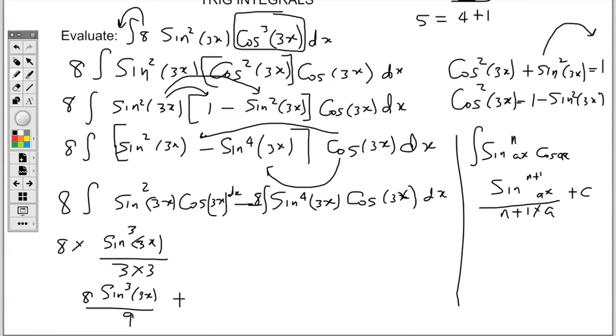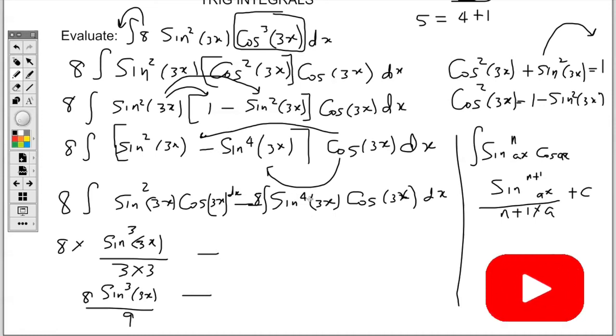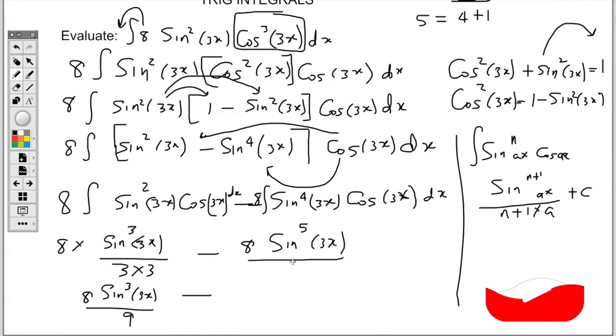Now the next part, I have a minus sign. The power is 4, so I am going to have 8 sine, add 1 to the power, so 4 plus 1 is 5, 3x over 5 times 3. So you can clearly see that we have 4 plus 1 is 5.